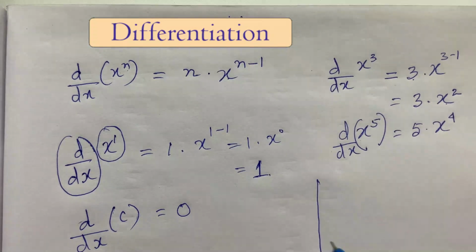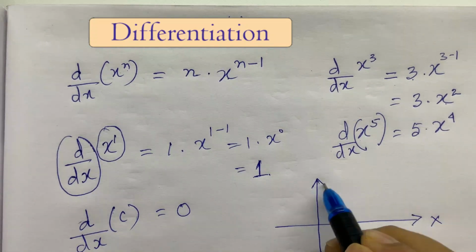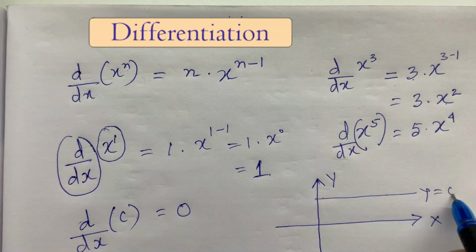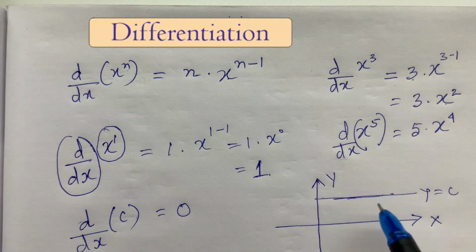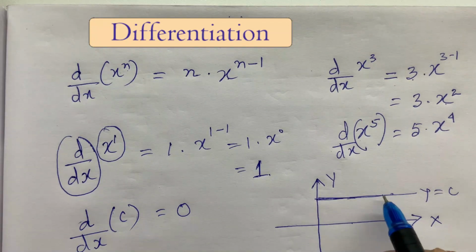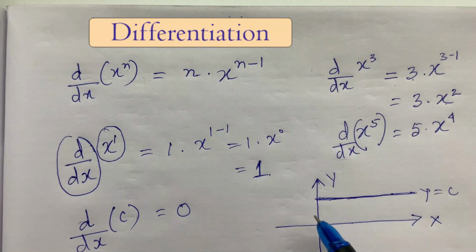Why? Because any constant curve, y equal to c in the x and y axis, doesn't make any angle with the x-axis, or there is no change in the slope. d/dx always gives the change of slope.